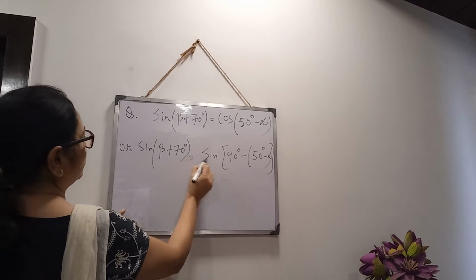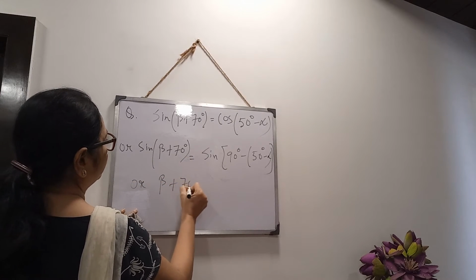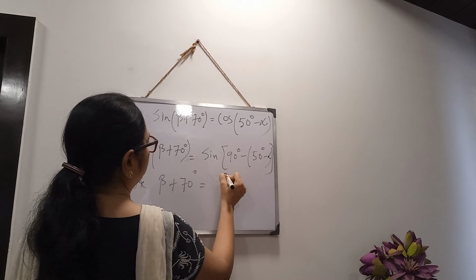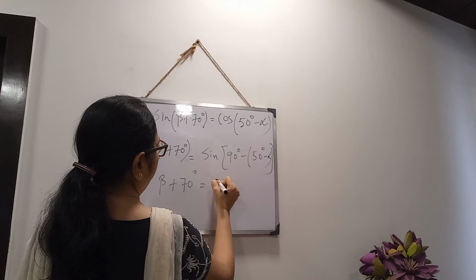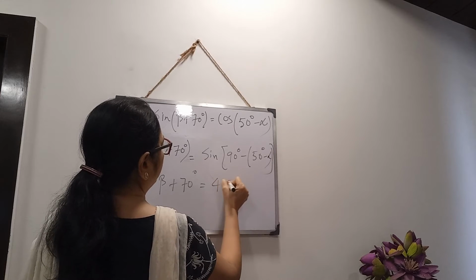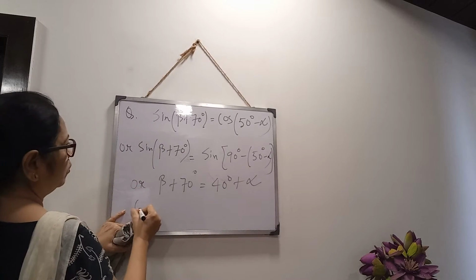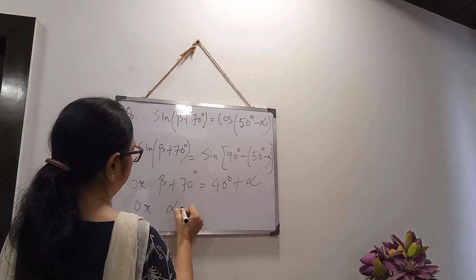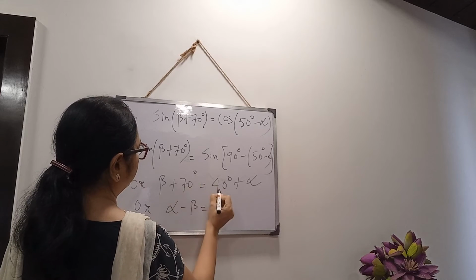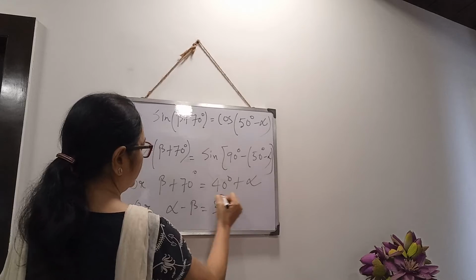Now from both sides we are getting sine, so beta plus 70 degree equals, now I open the bracket, 90 minus 50, 40, and minus alpha. So from here alpha minus beta: beta I am taking that side and this I am taking this side, 70 minus 40, 30 degree.